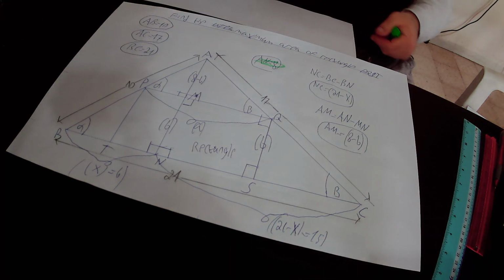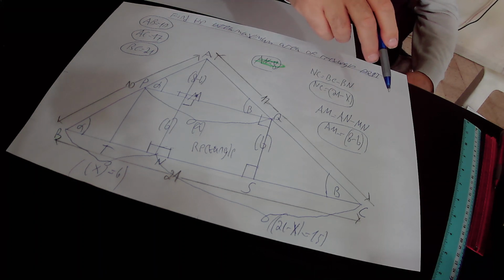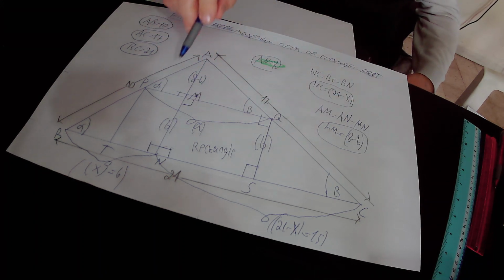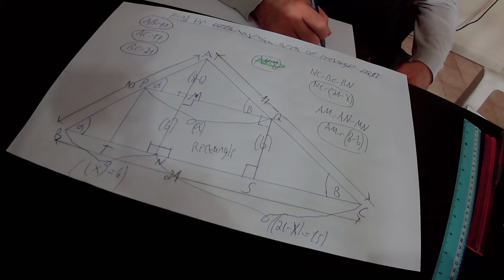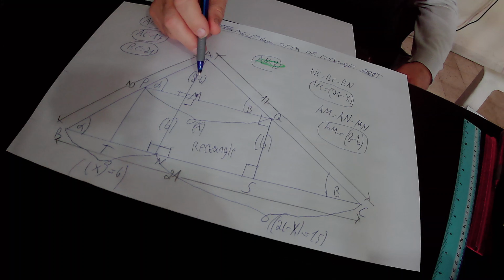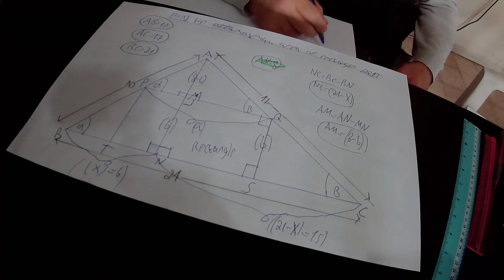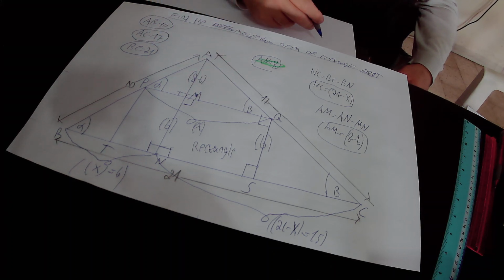So that is to say, if we focus on the two similar triangles, triangle ABC and triangle APQ, it means that the ratio between the heights is the height AM in the small triangle APQ over the height AN in the big triangle ABC.